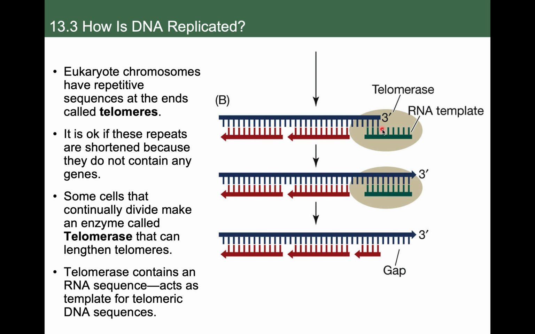For example, you have stem cells in your bone marrow. I think we talked about that in a previous chapter, and those are dividing throughout your whole life. And because they're going through so many rounds of cell division, they would tear through their telomeres really quickly, much faster than the rest of your cells. So they solve that problem by kicking on this telomerase enzyme and just regrowing the telomeres, so that they don't have that issue.